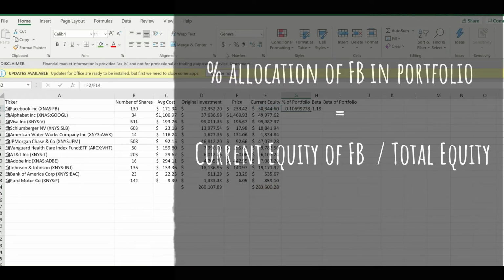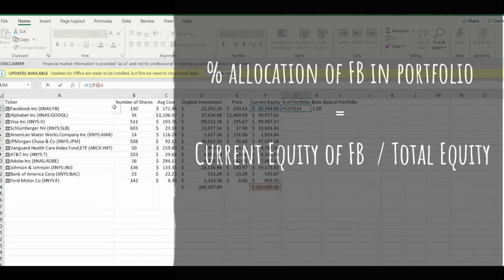So I don't want to see these many decimal places, so let's just go to 3 decimal places. So now before I drag it down or auto populate these fields, let me slightly modify this equation, because our denominator, we have to keep it steady, right? We don't want, when we drag this down, we don't want the denominator to change.